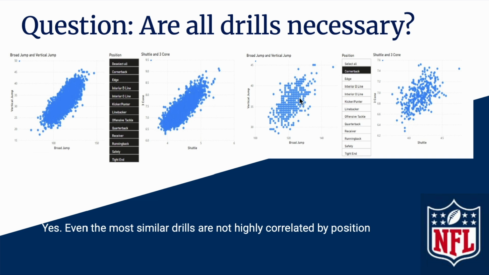Like you can't predict as well, even though I guess you can't really predict in these graphs either. So yeah, I guess it is necessary that we can differentiate between the physical abilities of these players. We need both of these, vertical jump and broad jump, and shuttle and three cone, because they measure slightly different things.